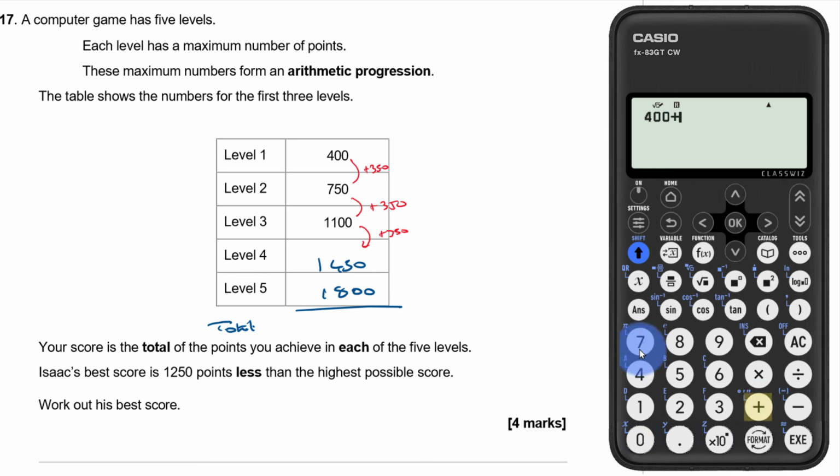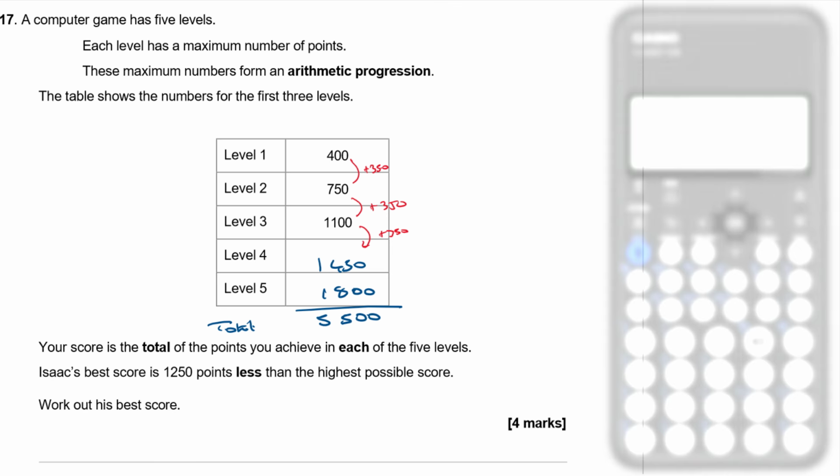So let's just quickly work that out. What is 400 plus 750 plus 1100 plus 1450 plus 1800? Now that comes to 5,500. Okay, so that's the total amount of points it's possible to get.